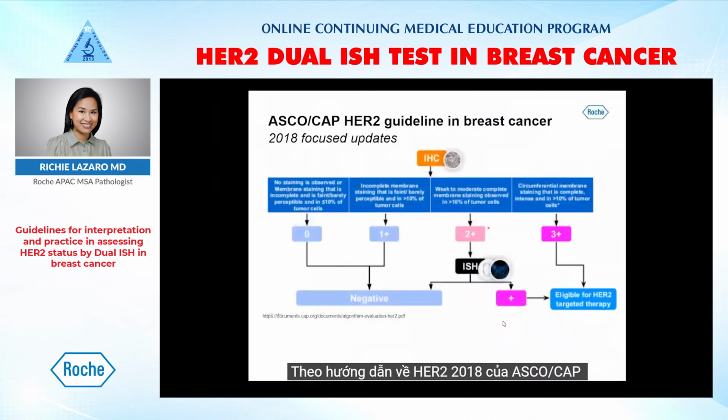Looking at the 2018 HER2 guideline by the American Society of Clinical Oncology and College of American Pathologists, we report IHC as 3+ if membrane staining is complete and intense in more than 10% of tumor cells, and 2+ if complete membrane staining is seen but is weak to moderate in intensity in more than 10% of tumor cells.